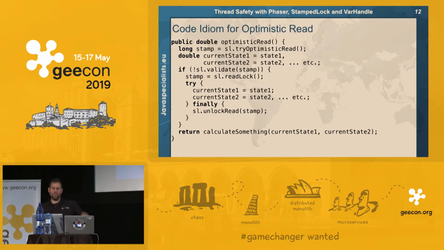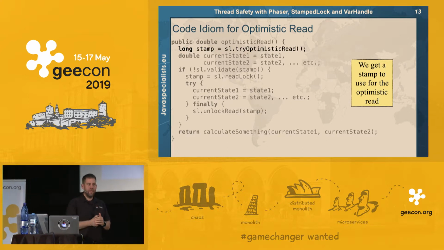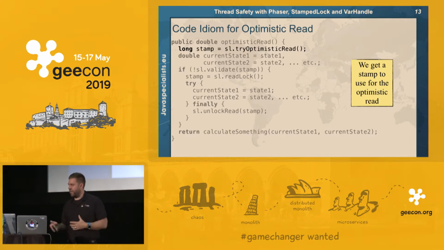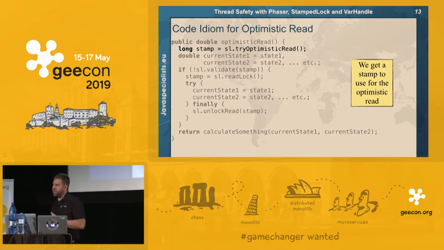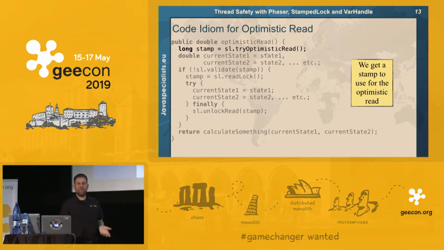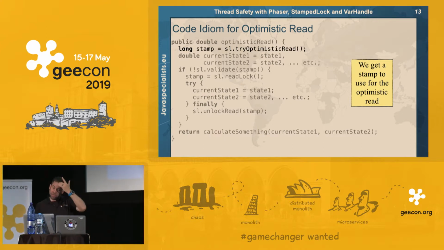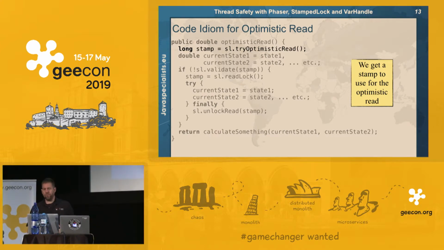Let's have a look at some code. This is the algorithm, and we'll look at it one bit at a time. First of all, we're going to try to get an optimistic read. This gives back a number which might be 0, but we don't check whether it is 0. That's one of the key things: we want to carry on as quickly as possible. We want to do as little code as possible until we get to the validate. The shorter the path between the optimistic read and the validate, the higher the probability that you'll win the race.